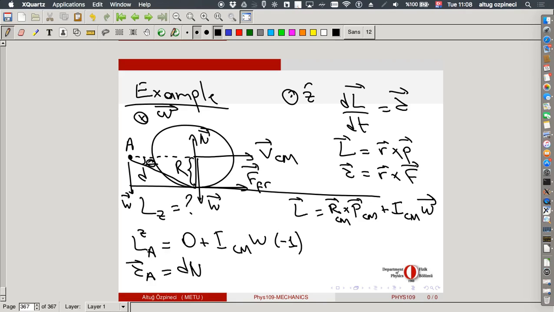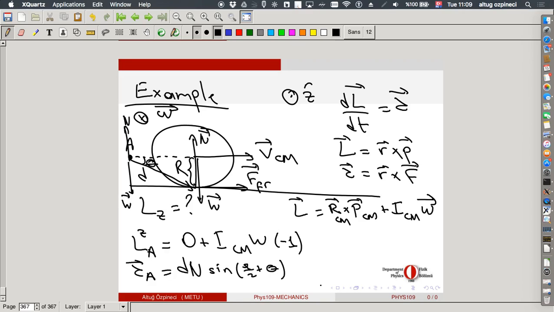This is d, this is the normal force. The angle between d and the normal force is pi over 2 plus theta, where this angle over here is theta. So we have the sine of pi over 2 plus theta, which will be cosine theta.